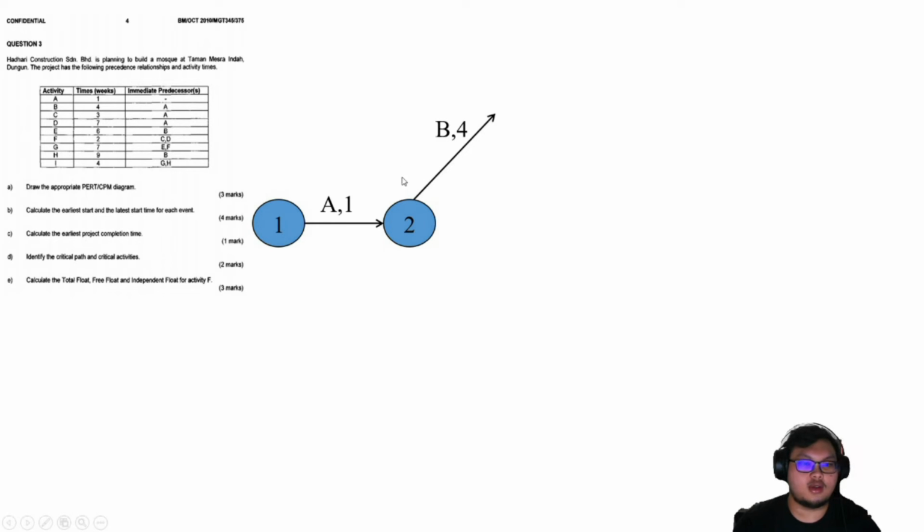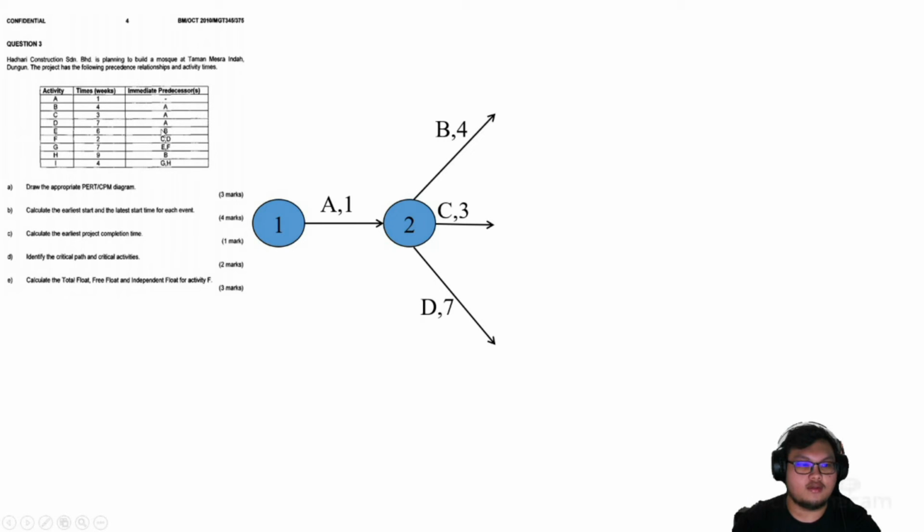C, predecessor A, also comes from the same predecessor A. Draw a line here and put C 3 here. And now D, predecessor from A, we put the line here and we draw the D 7.